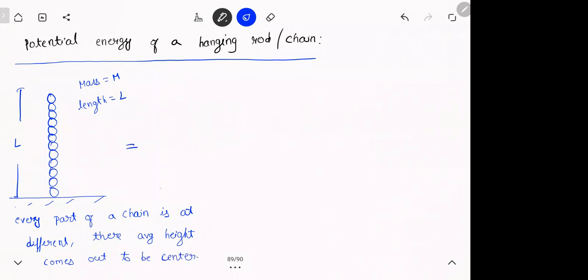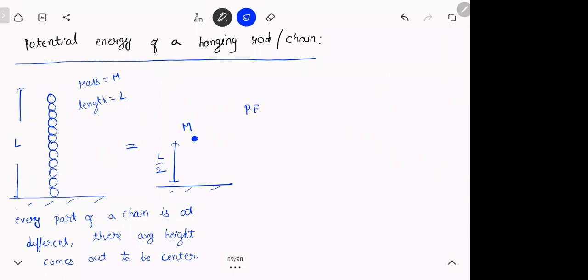Meaning you can replace this whole chain with a single point of mass m at a height L by 2. You're getting it? So whenever someone gives a chain like that, now you can forget about the chain. Take the entire chain in the center at L by 2 and finish it off.